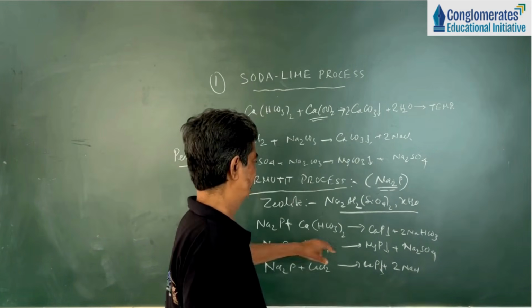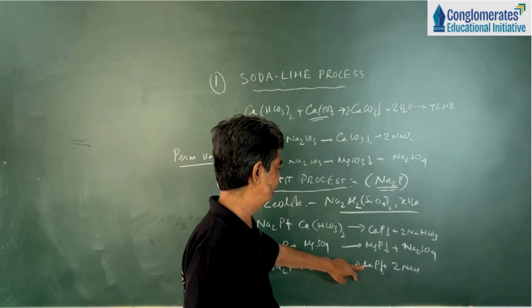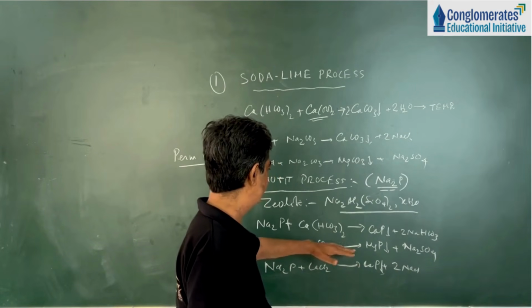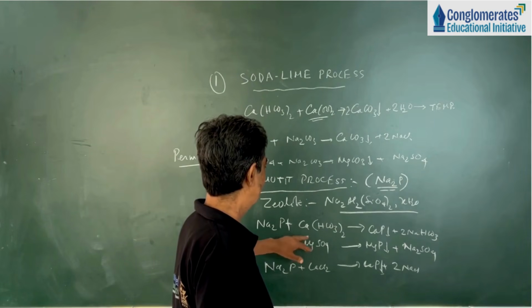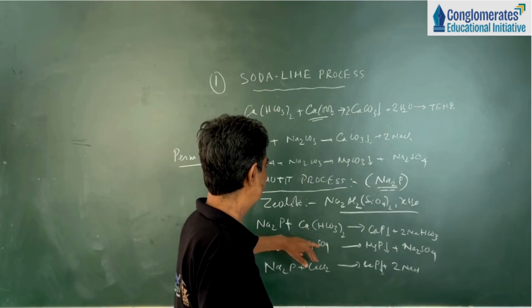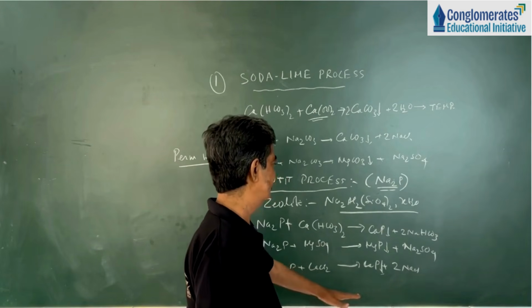Now you see that calcium permutit and magnesium permutit are deposited and separated. So these soluble ions, soluble salts, are removed as insoluble permutit.